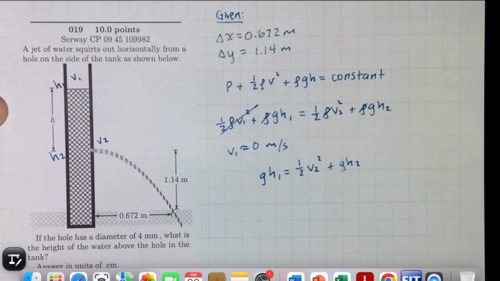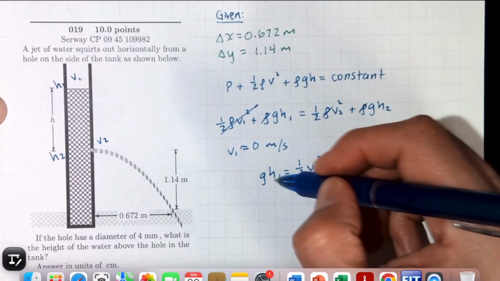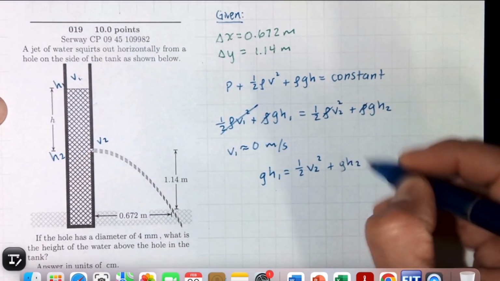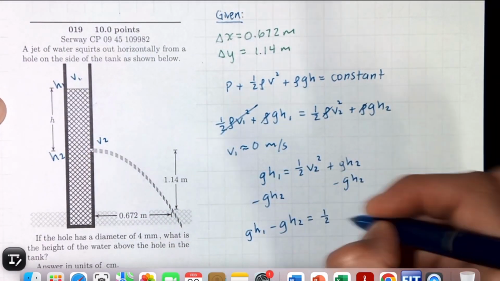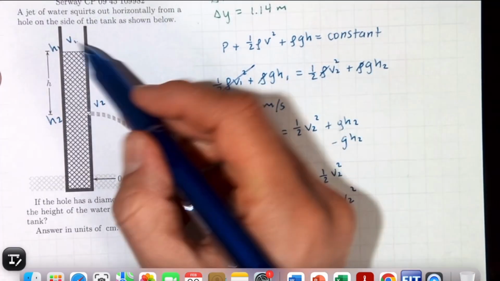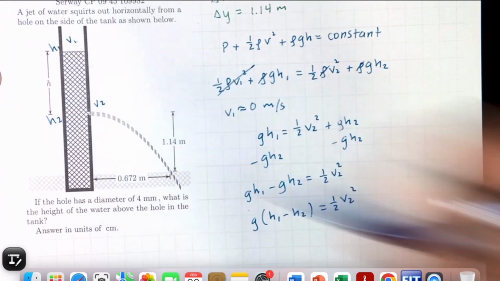And what we need to find is H1 minus H2. So that's simple to do. I'm going to move this term to the left. I'm going to factor out the g. So H1 minus H2 is simply H, which is what I'm looking for.